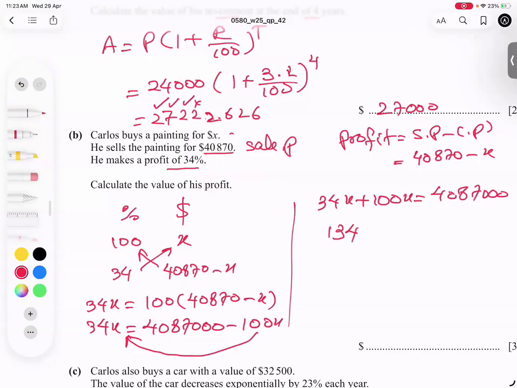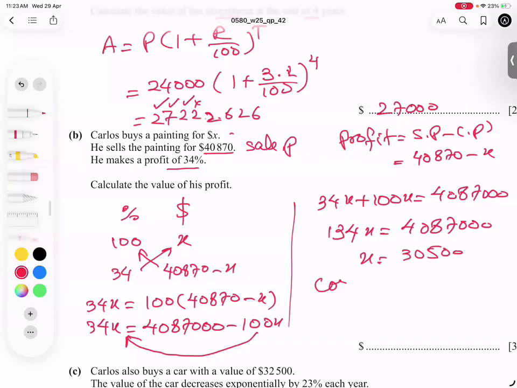This becomes 134x, equals 4087 and triple zeros. If I divide this by 134, I'm getting here 30500.